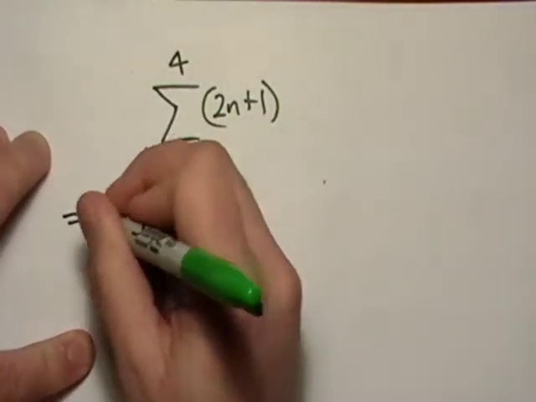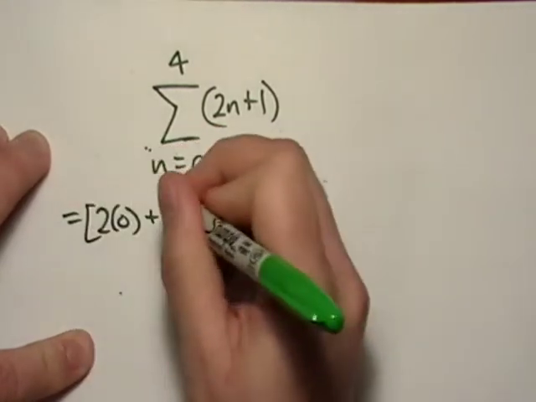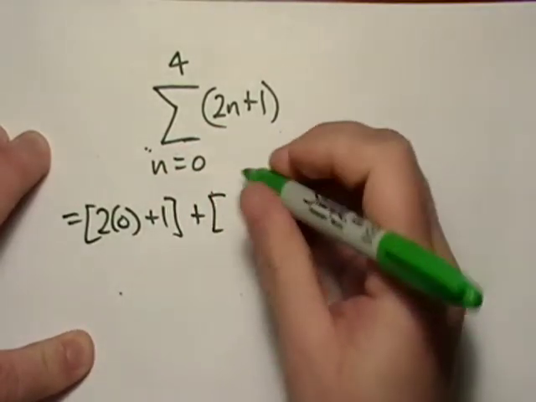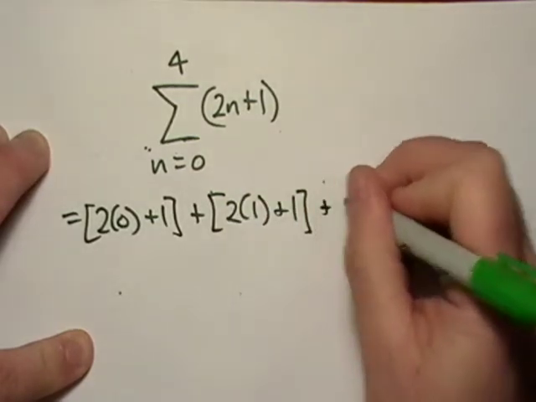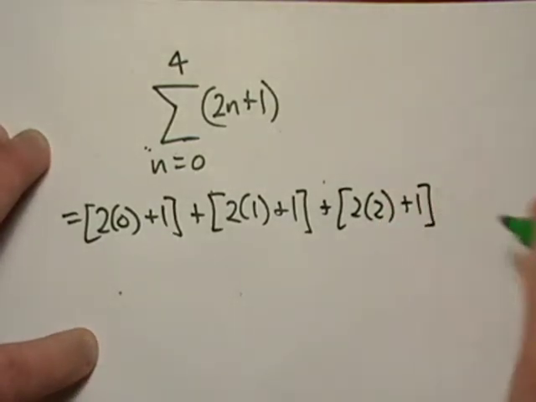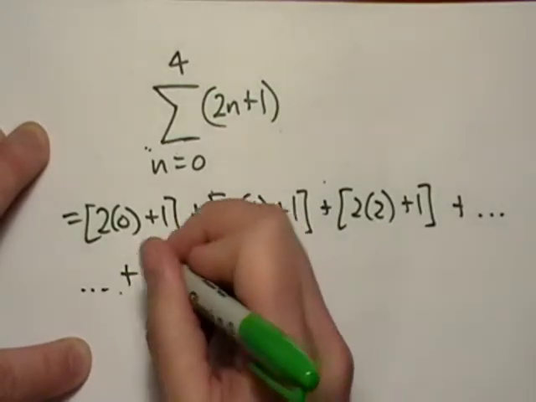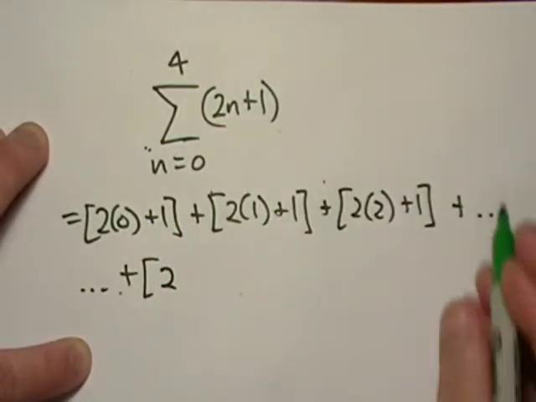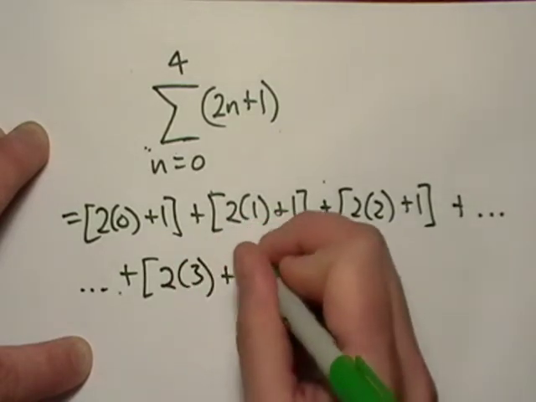Well, this would be equal to 2 times 0 plus 1, 2 times 1 plus 1, 2 times 2 plus 1, 2 times 3 plus 1.